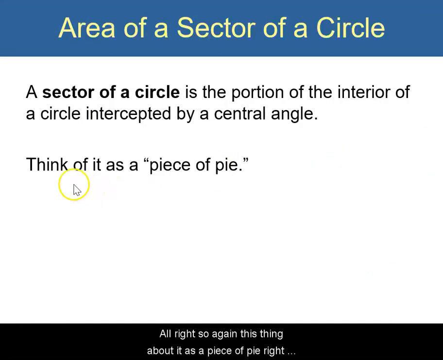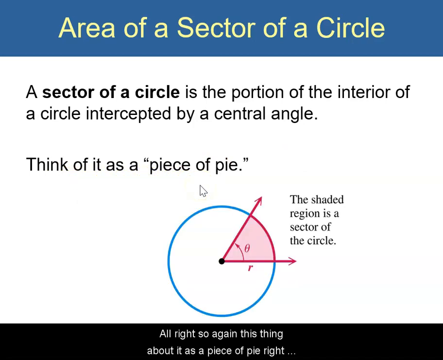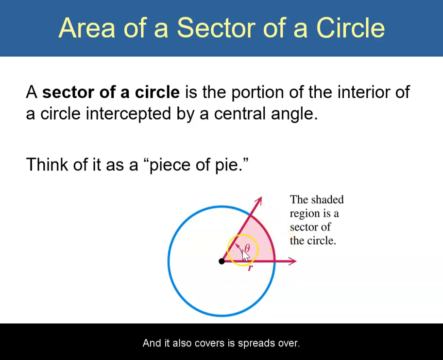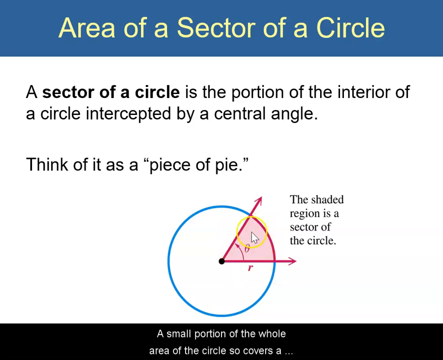All right, so again, let's think about it as a piece of pie. So we have r, it traverses an angle. It creates an arc length, and it also spreads over a small portion of the whole area of the circle. We call this a sector.